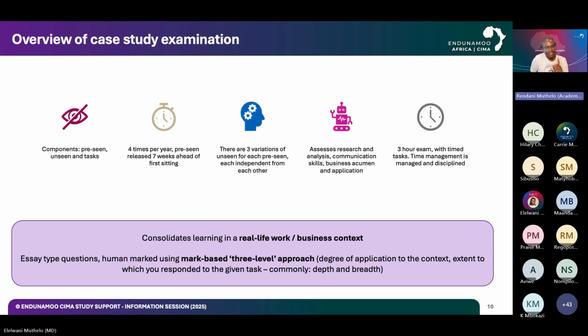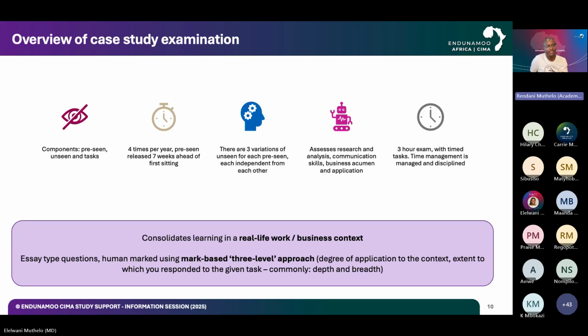Then the other interesting thing is that the same pre-release that is going to be released end of this month and early April, it will then be used in the August sitting. So that means for those sitting in August, they actually have more time with the same pre-release.